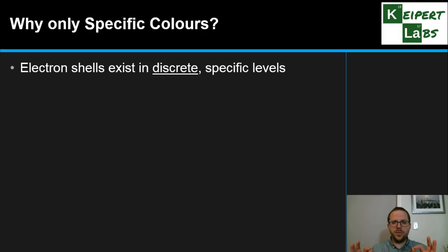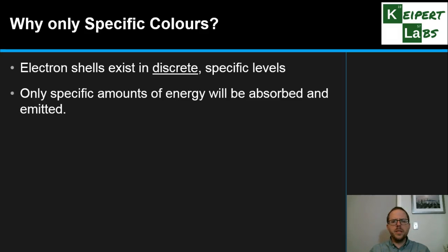Now, note the spelling of discrete here. It's the mathematical definition, where it's a particular amount. It's not just any possible amount of energy. So they're only at a discrete or specific level. And so that means that only specific amounts of energy will be absorbed or emitted. You don't have infinite possibilities. You only have a certain set.